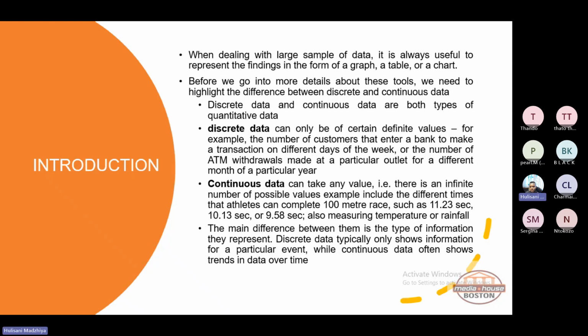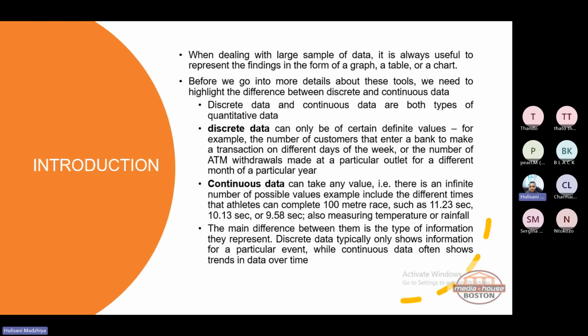Unlike discrete data, which gives you a number of options, continuous data does not allow you to use certain types of graphical illustration. Here it says that the main difference between discrete and continuous data is that discrete typically only shows information for a particular event, while continuous data often shows trends in data over time.